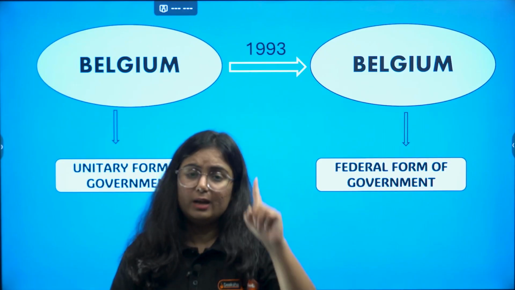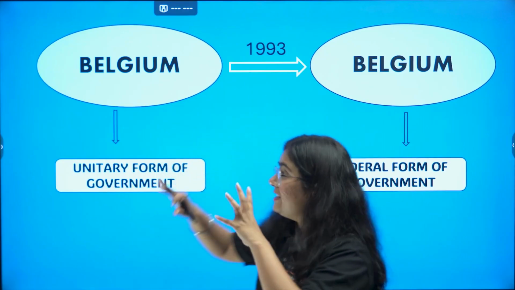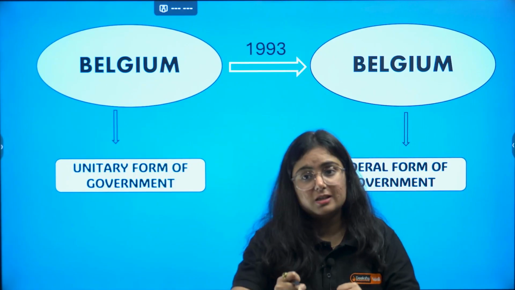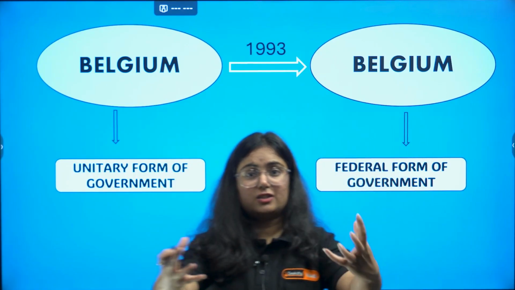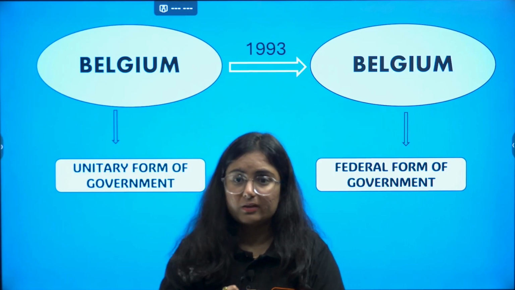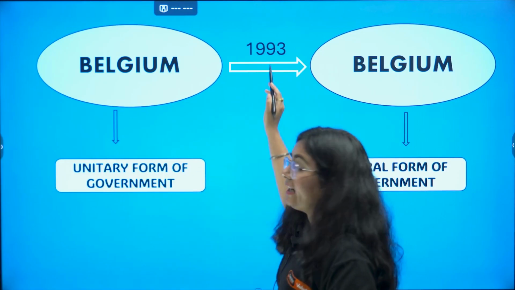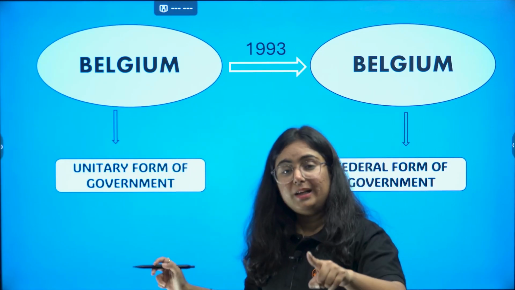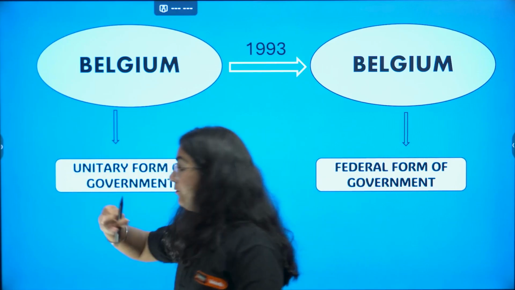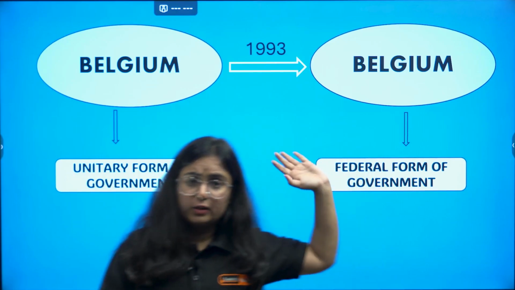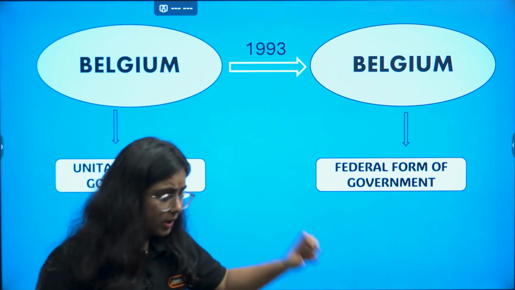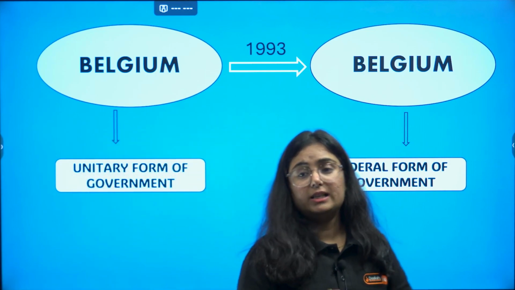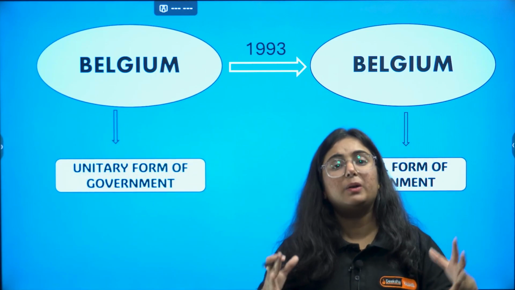So one thing we need to know that Belgium adopted some measures in the year 1993 and changed the structure of its government. Right? Prior to 1993, the form of government in Belgium was unitary form of government, and after 1993, it was federal form of government. So basically, we need to understand what is the difference between the two.